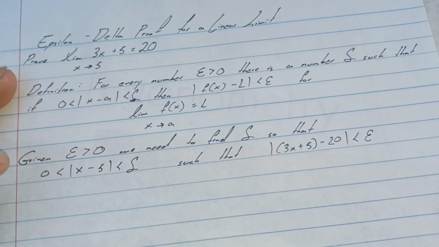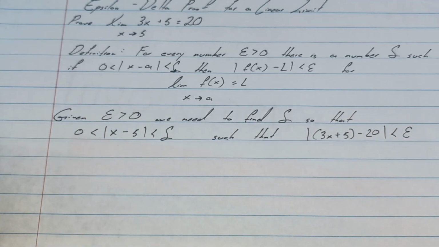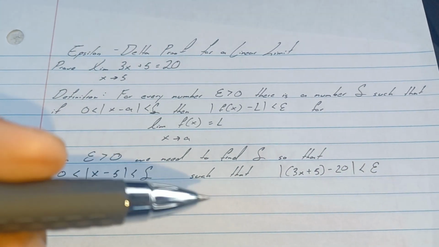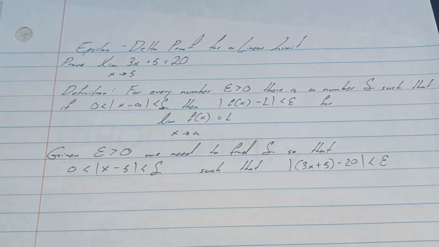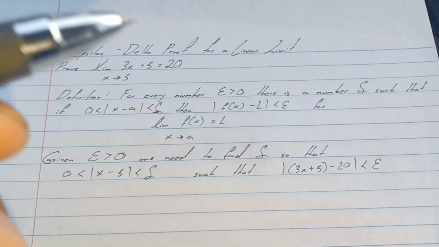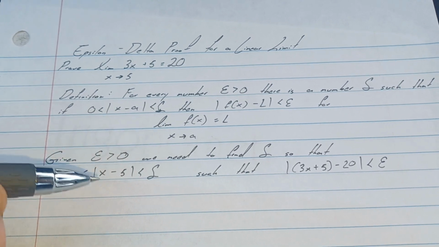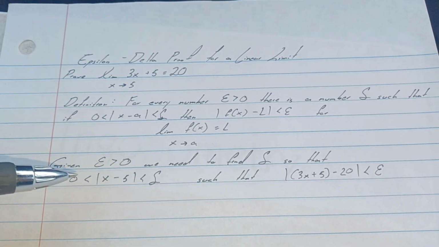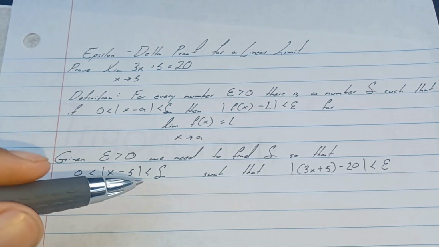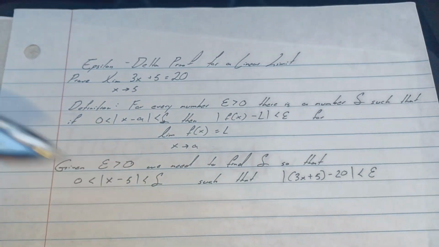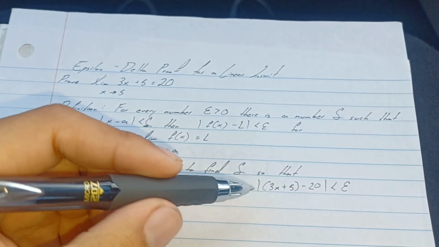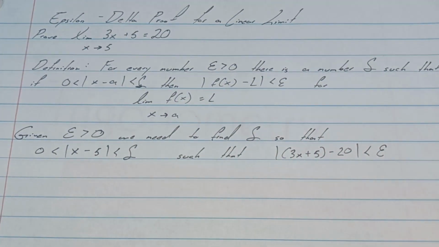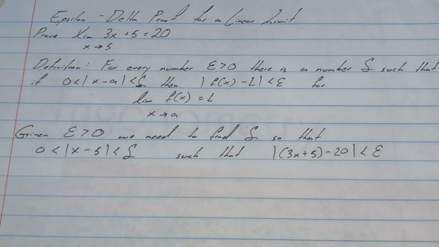So given that epsilon is greater than 0, we need to find a delta. Choose a delta. You can write whatever. So that the absolute value of x minus a, x minus 5, is greater than 0 but less than delta, such that the absolute value of our function 3x plus 5 minus our limiting value of 20 is less than epsilon.